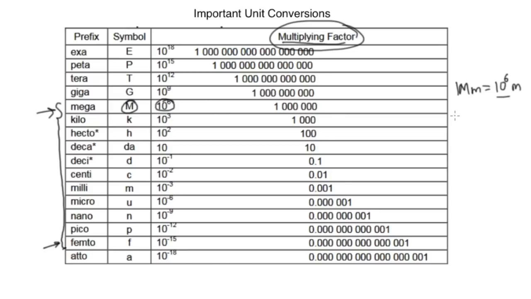If you are converting from smaller to bigger, that is, 1 meter equals how many megameters, it will be 10 to the power minus 6 megameter. So you just have to see where you are going.